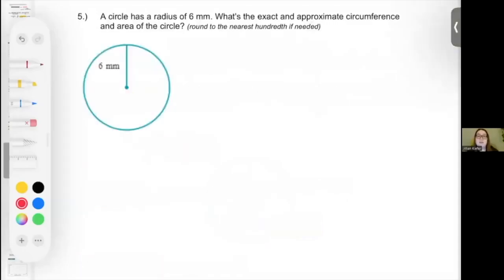All right, so for example 5 here, we've already stated that we have specific formulas for the circumference and for the area. So the circumference of the circle will be equal to 2 pi times the radius. This is also the same as being pi times diameter. In this case, we only have the radius, we don't have diameter. We could find diameter, but it's not necessary.